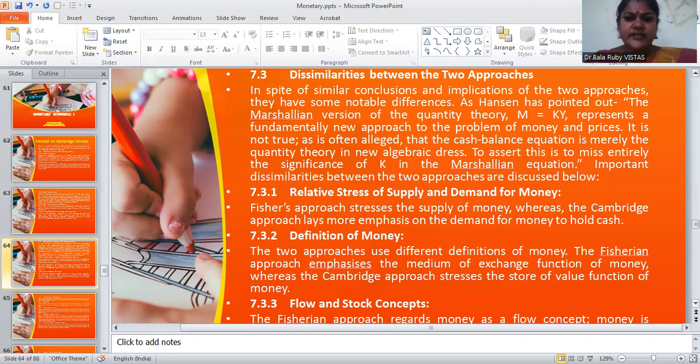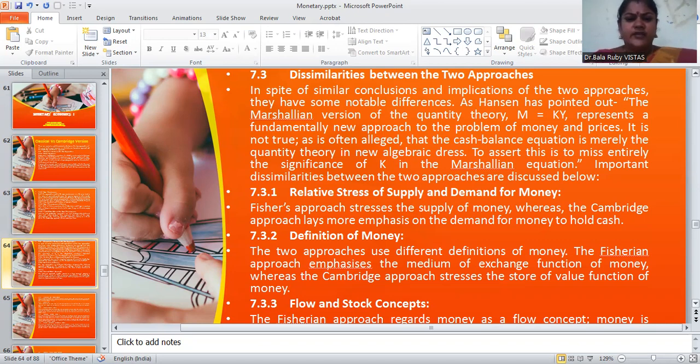The first dissimilarity is the relative stress on supply and demand for money. Fisher's approach stresses the supply of money, whereas the Cambridge approach places more emphasis on the demand for money to hold cash. The second difference is the definition of money.